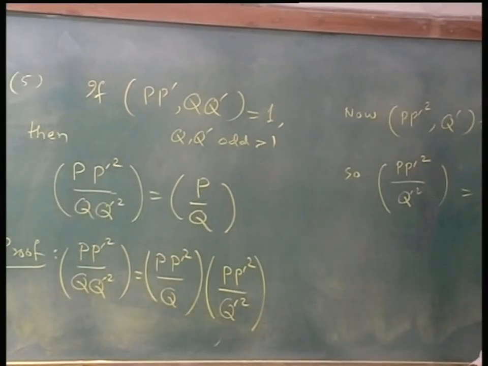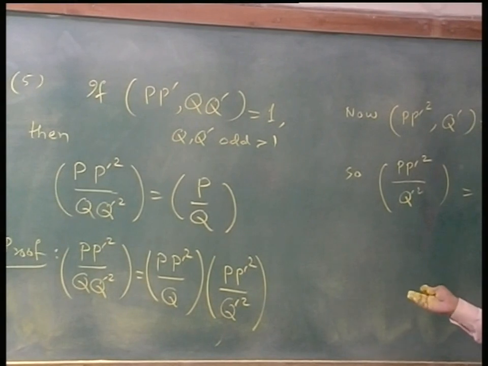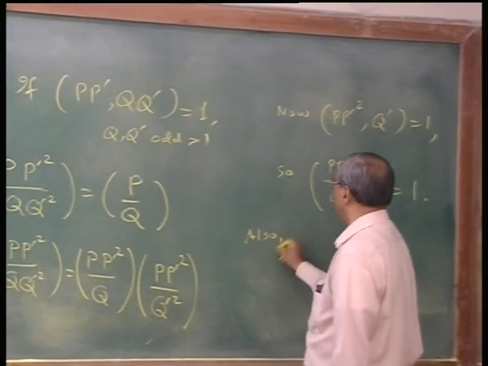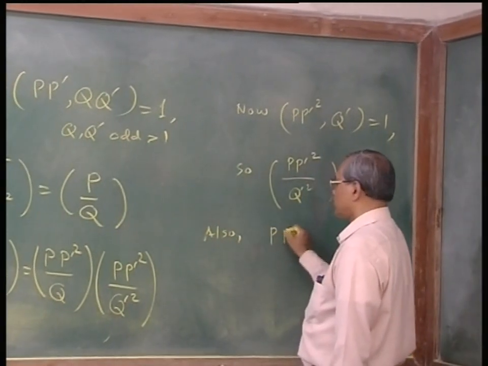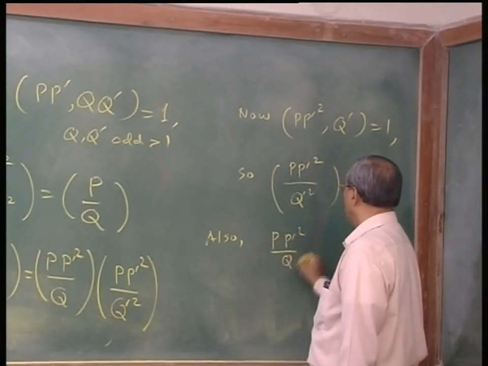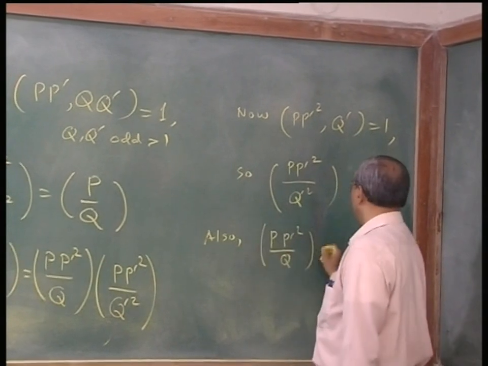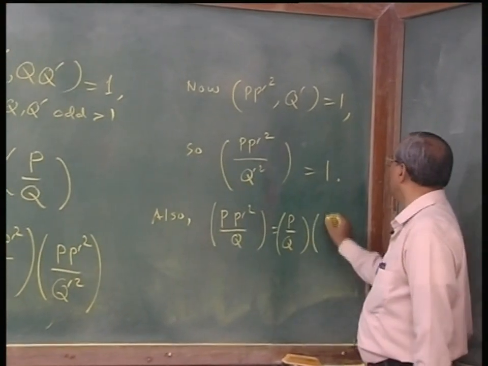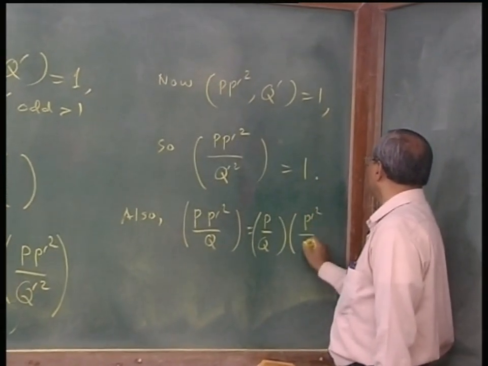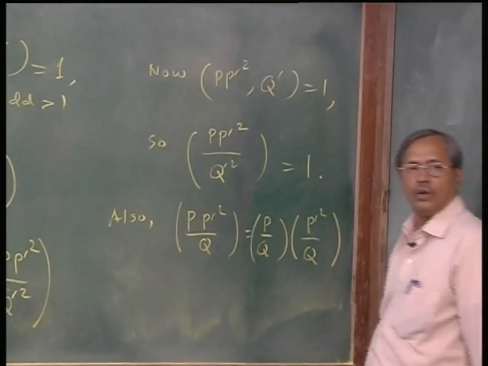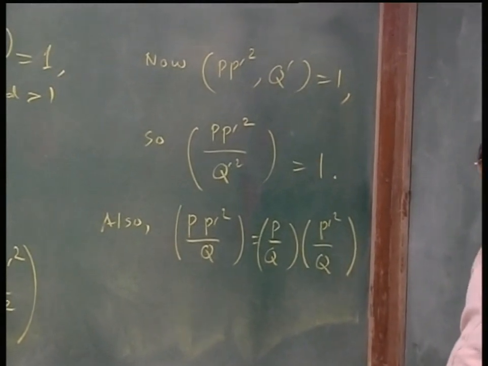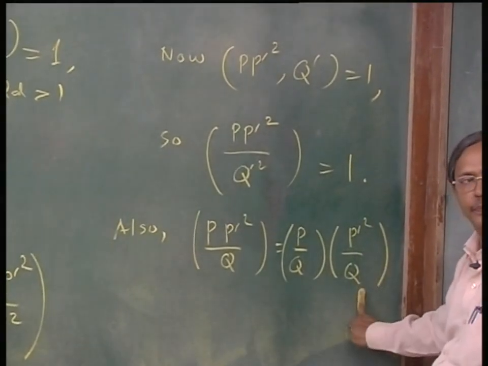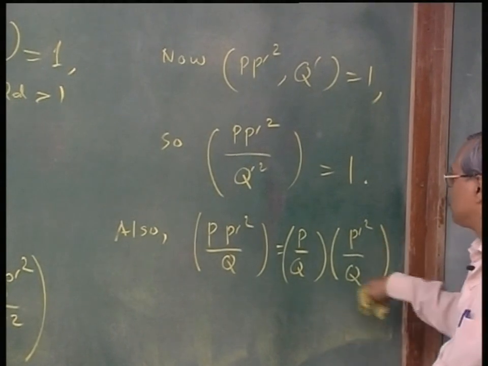About the first term, again you split for the numerator. So (P'²/Q) is equal to (P/Q) into (P'²/Q). What is (P'²/Q)? P' and Q are coprime, therefore this is 1.